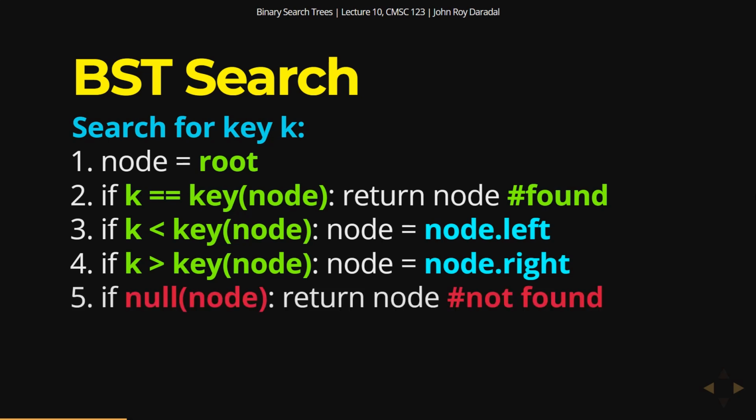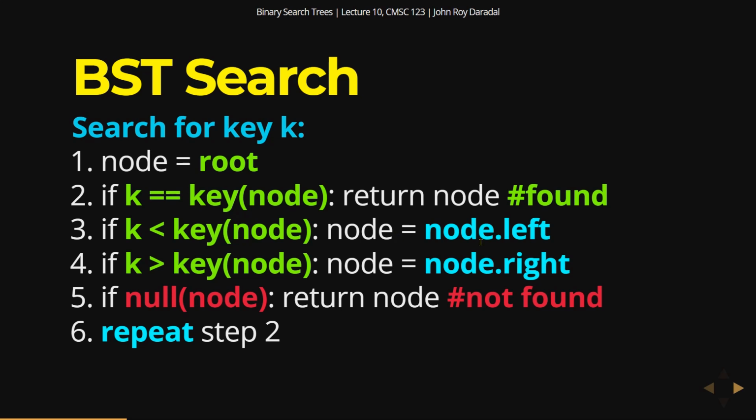But if you reach a null node, then you return the null node because the key that you're looking for is not found, since you've reached a dead end. At that point you're sure that key K is not found. Continue doing this if you haven't reached a stop condition, so go back to step 2.